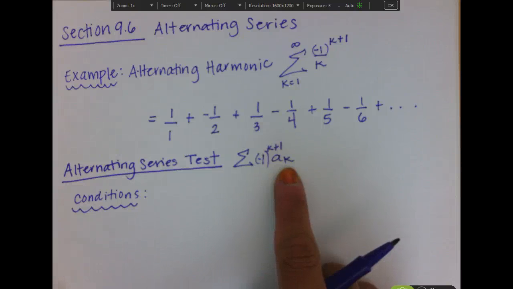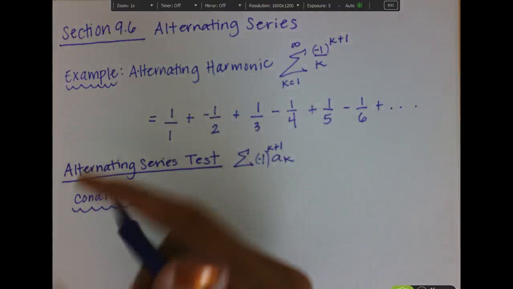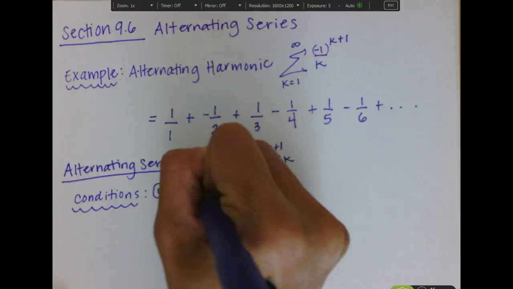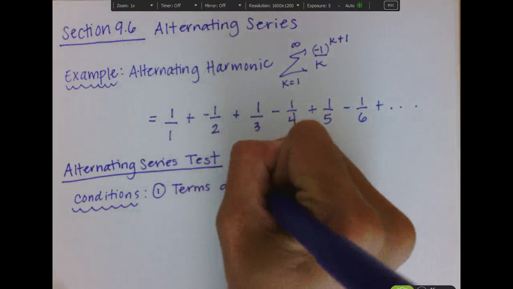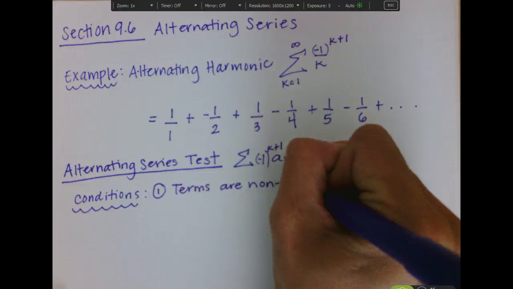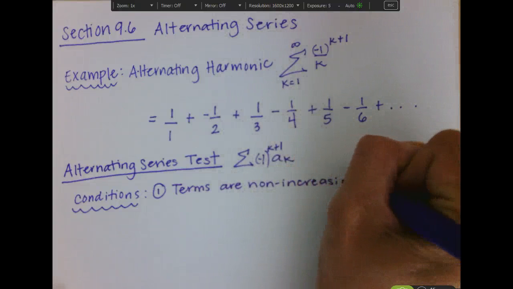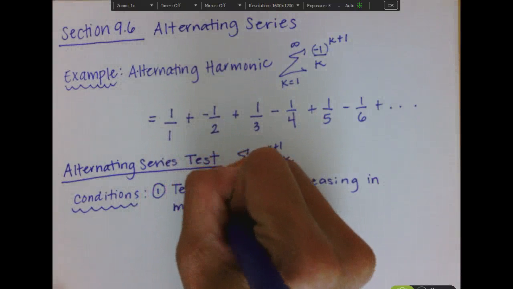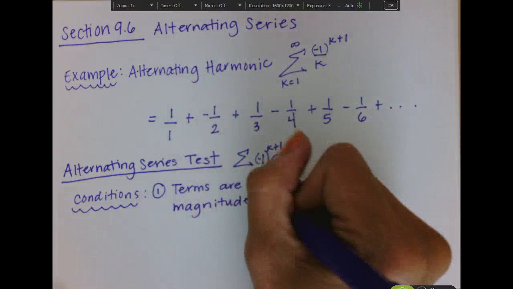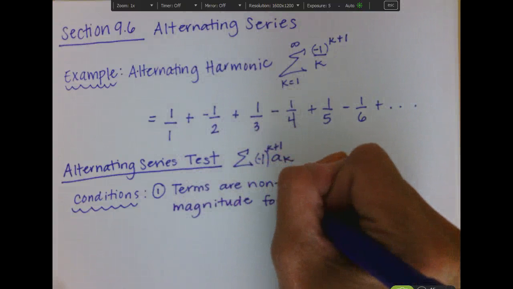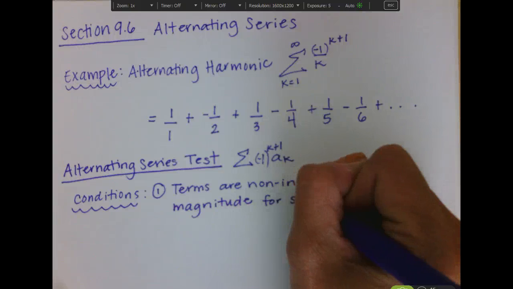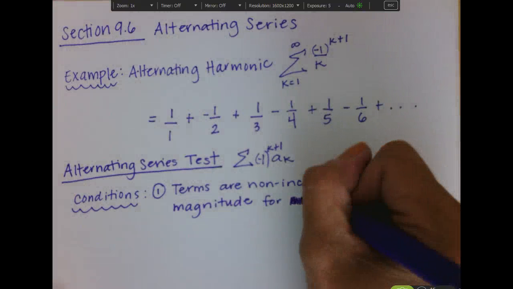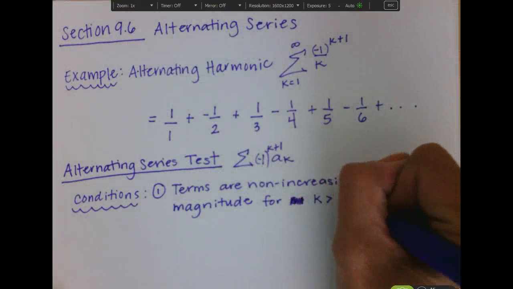The conditions to use the alternating series test are, number 1, that the terms of the series are non-increasing in magnitude for k being greater than some n value.